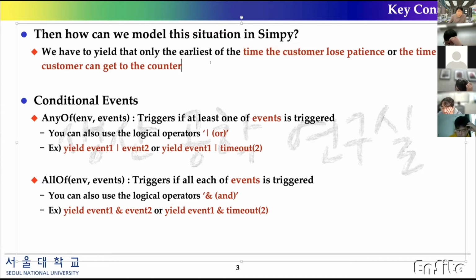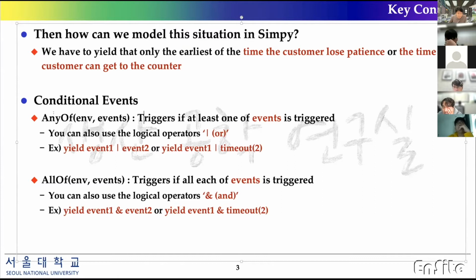So in order to implement this kind of event selection, we have to use conditional events. There are 2 kinds of conditional events. The first one is any of. Any of is a variable in the SimPy events and triggers based on the earliest event among several events.